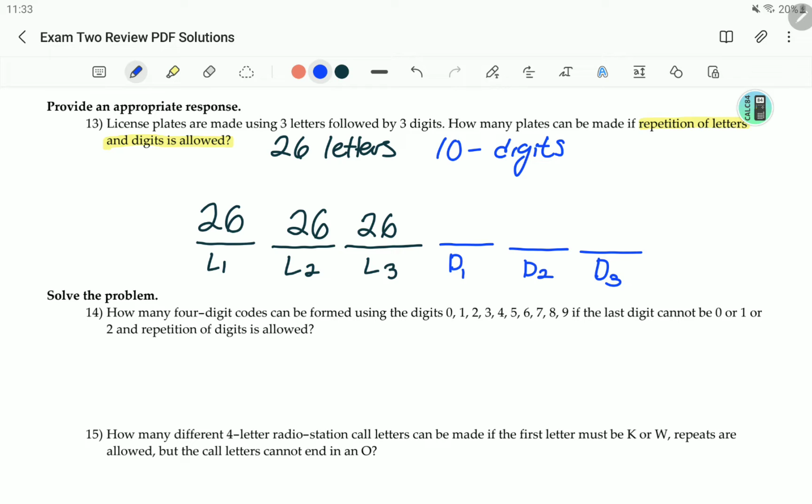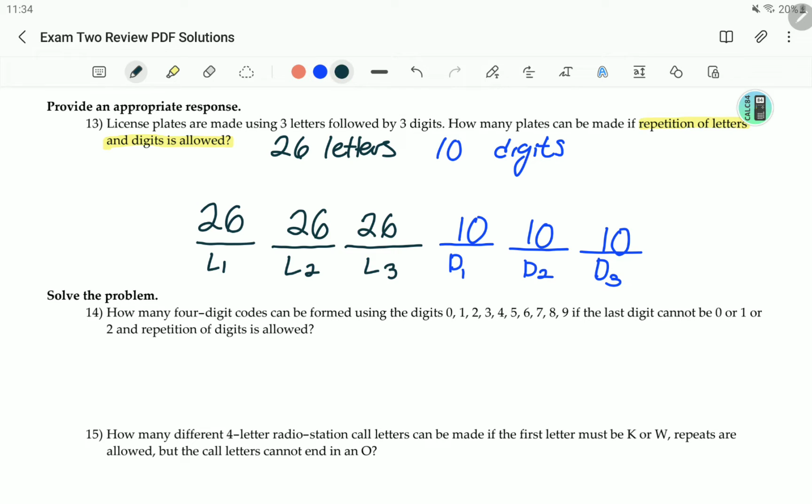For digit number 1, I have 10 single digits. So I have 10 possibilities to put here, 10 possibilities to put here, and for the last one, also 10 possibilities.